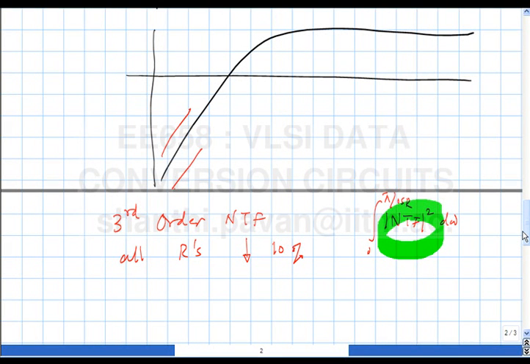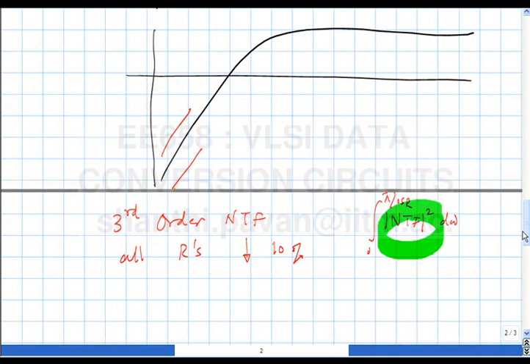When all the resistors increase, at least in such simple transfer functions, you're not very concerned, because all you do is take a hit in the in-band quantization noise. If all the resistors go up by 10% in a third order loop, the in-band gain of the NTF will go up by 30%, which means the RMS quantization noise will also go up by 30%, but at least you have a stable modulator.